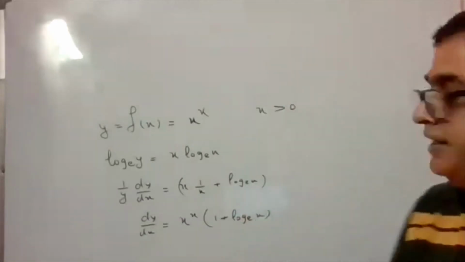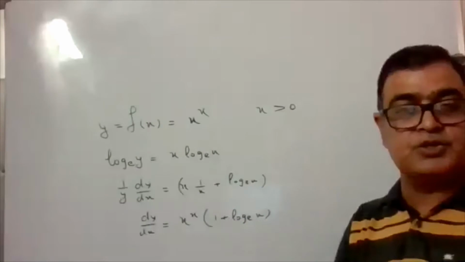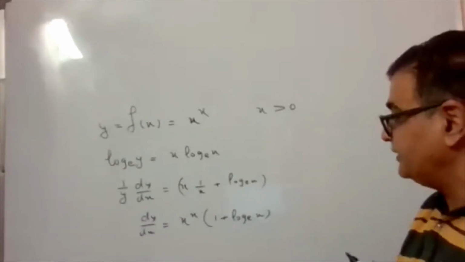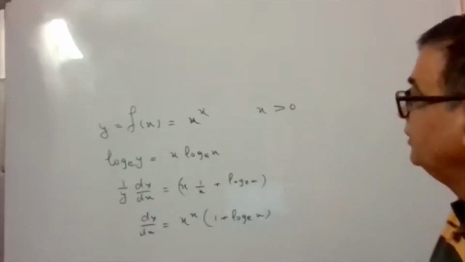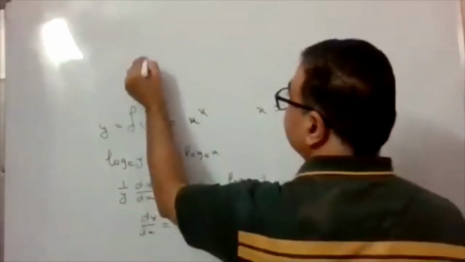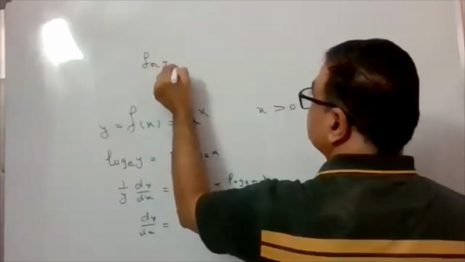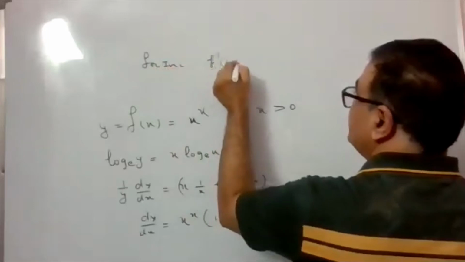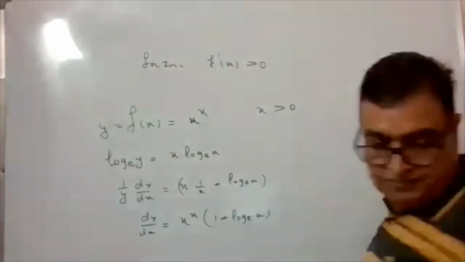We have to do the complete discussion on x greater than 0 because the domain is already mentioned in the question that x is greater than 0. So for increasing, f dash x has to be greater than 0.